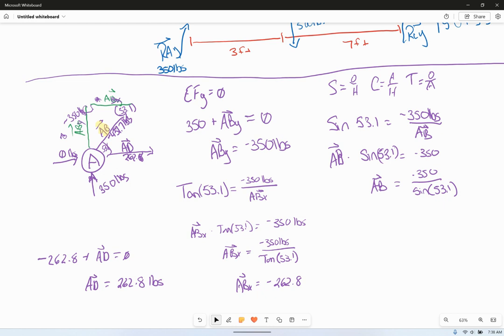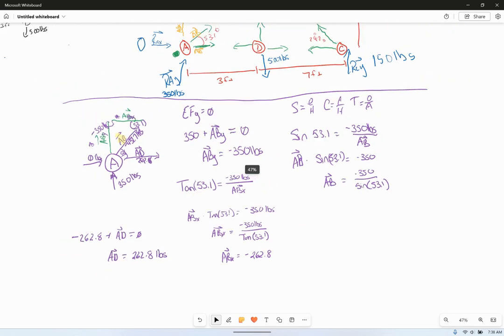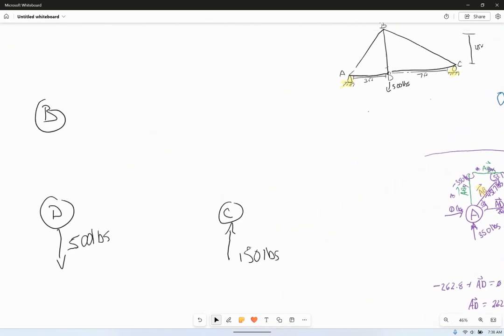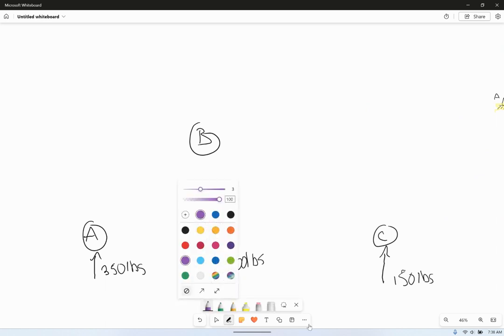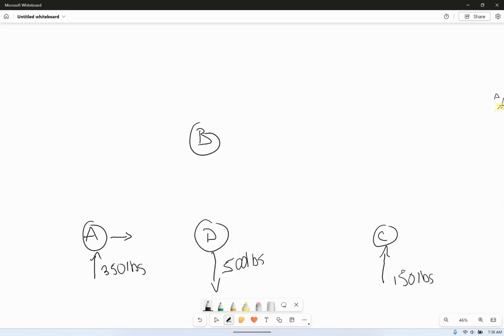So we have everything that we need solved for A. Now we're going to put that onto our summary truss. We can keep track of this as we go. We know now that this one is in compression, so we put a C in here, 262.8. And this one was incorrect. It was not in tension, it was in compression.